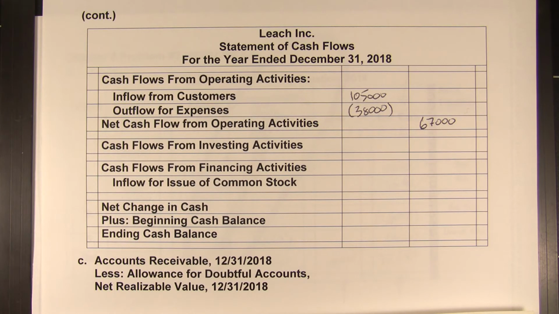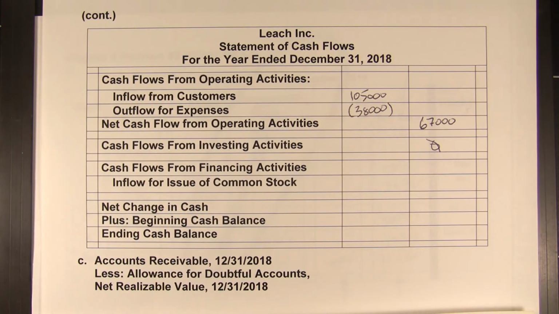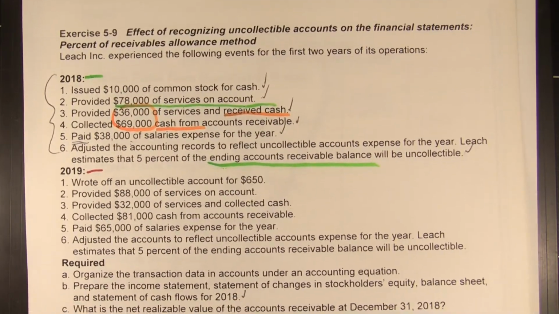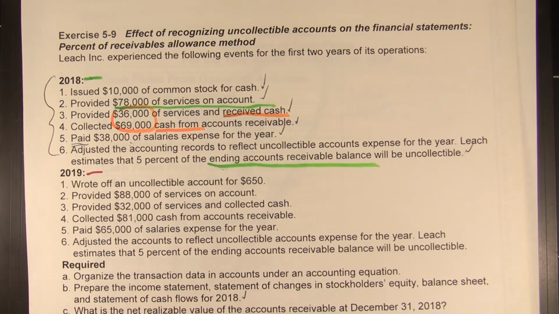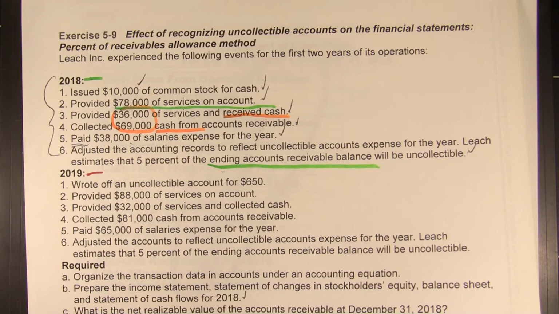Now, investing activities. Did we buy any buildings, any plants, any machines, boats, planes, trucks, cars, automobiles, any of that? No. So we had 0 investing activities. Cash flows from financing activities. Now this is our stocks, our bonds, our mortgages, our loans. Do we have any of that? Yeah, that's how we started, right there.